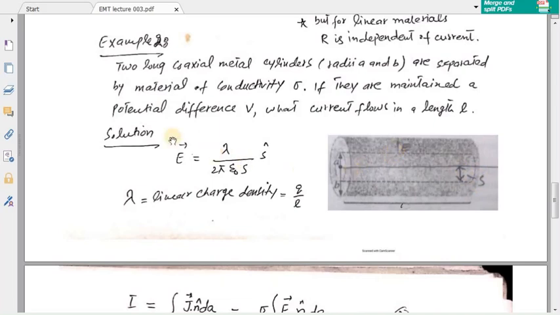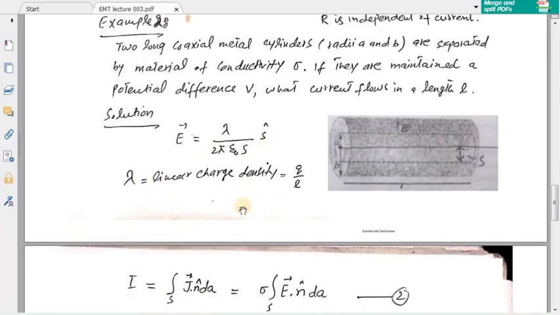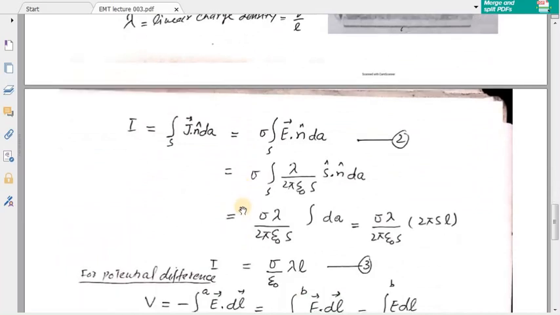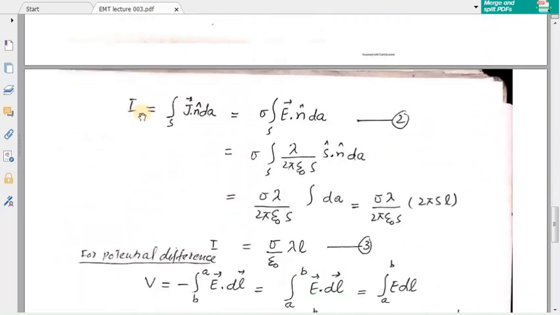In chapter number 1, we have studied the relation of electric field for a linear charge distribution: E is equal to lambda divided by 2 pi epsilon naught S in the s-hat direction. Here lambda is the linear charge density, equal to Q over L. Now come toward the equation: I is equal to the integral of J dot n da.